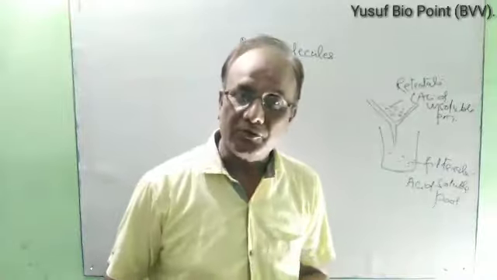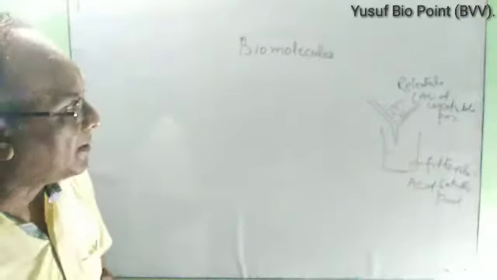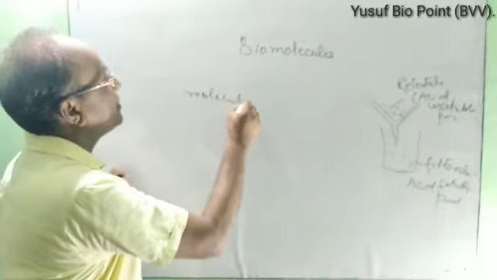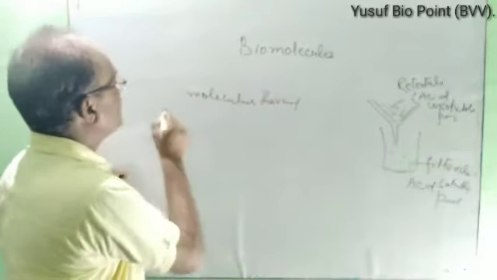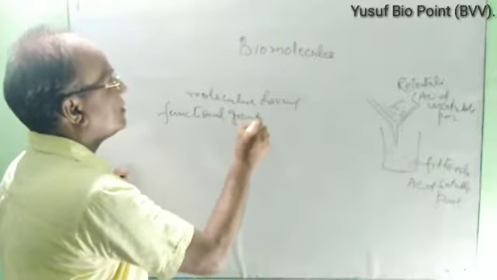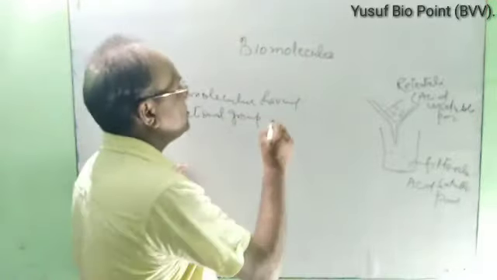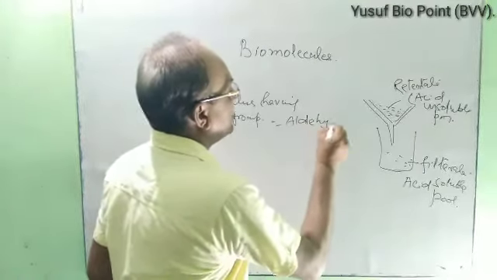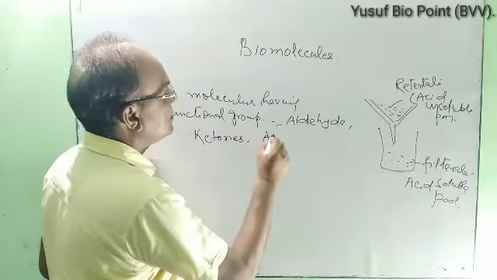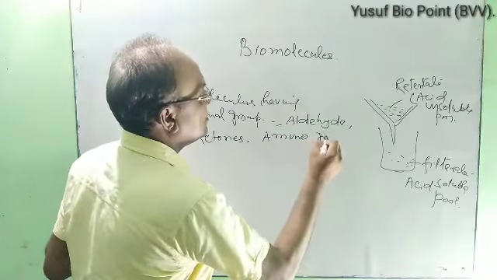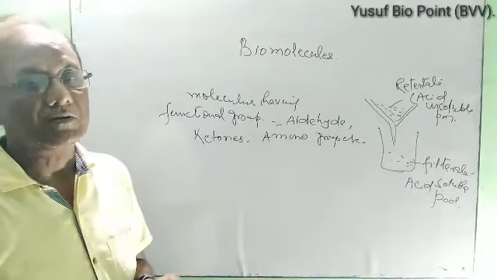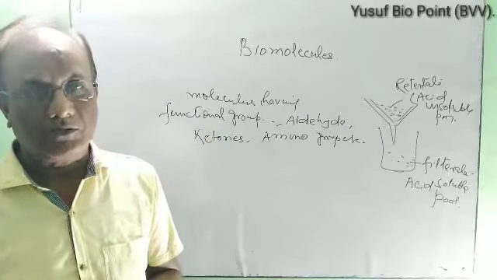Now we see what is found in the acid soluble pool. Generally we get molecules having functional groups, such type of molecules whose functional groups are aldehyde, ketones, amino group, etc. About the functional groups you will study in your chemistry.